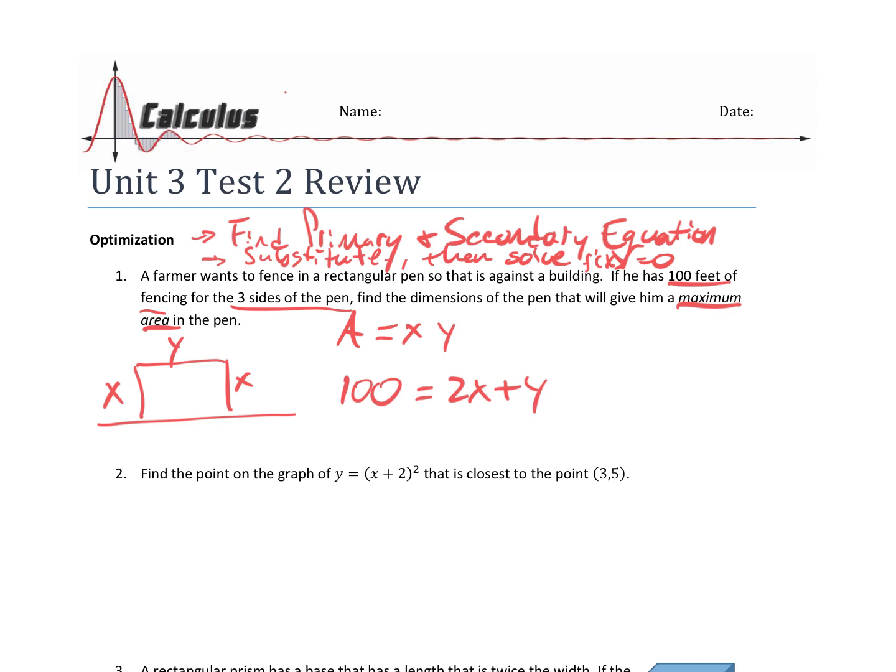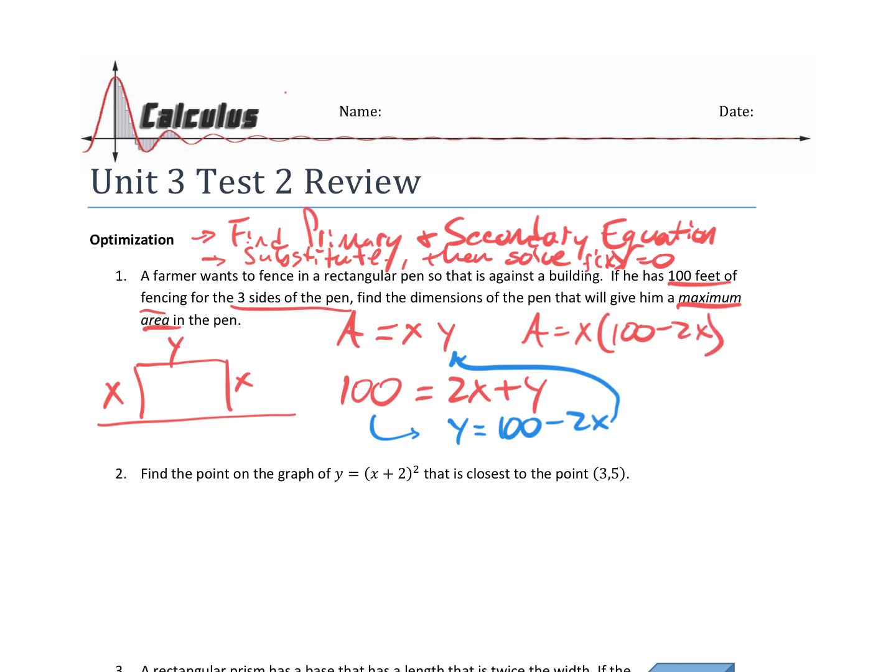So we solve this equation for y by subtracting 2x from both sides. We get y equals 100 minus 2x. Now we can substitute that, and rewrite: area equals x times (100 minus 2x).